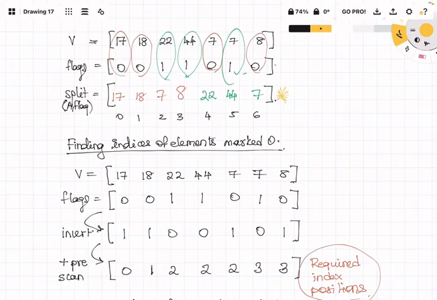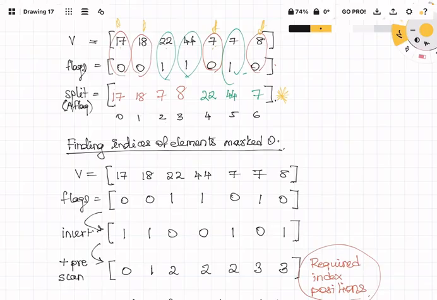So for example, how do we decide that 17 must move to the 0th position? 18 must move to the 1st position. The 7 here is going to move to the 2nd position, and 8 here is going to move to the 3rd position. And likewise for 22, 44, and 7 when it comes to the 1 flags.